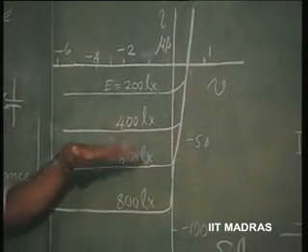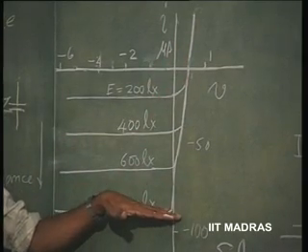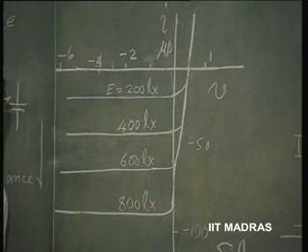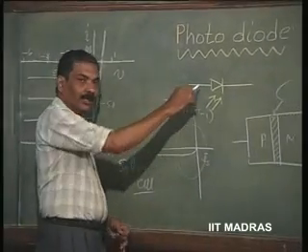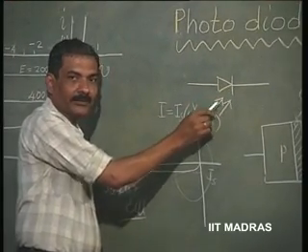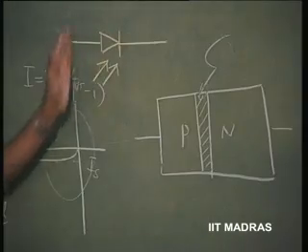This is the open circuit voltage, and this value of current is going to be the short circuit current for this photodiode or solar cell. And the symbol for that is just the ordinary diode with light falling on the junction indicated by arrows. So, that is the photodiode symbol.